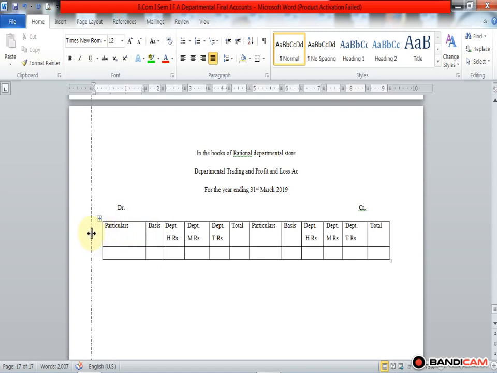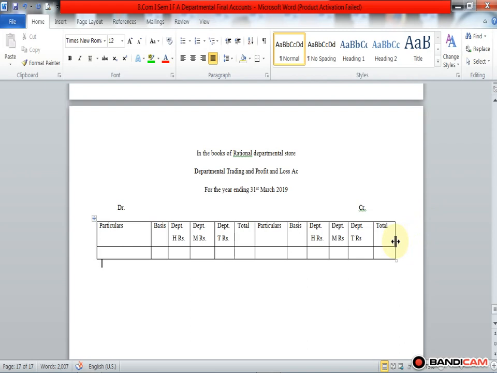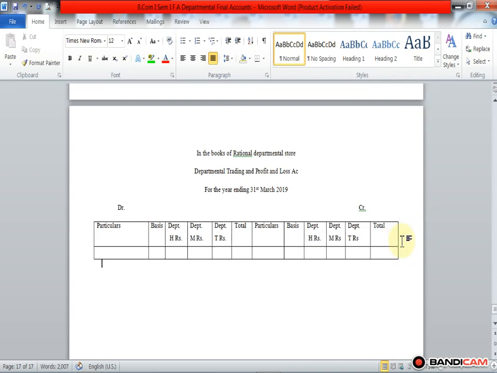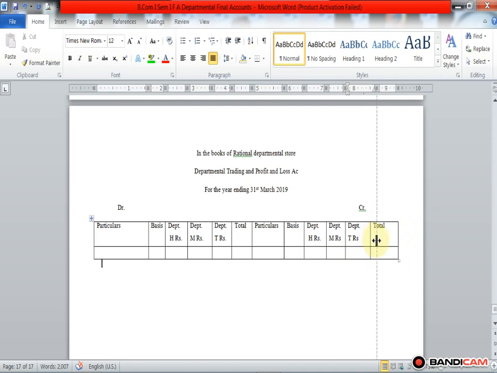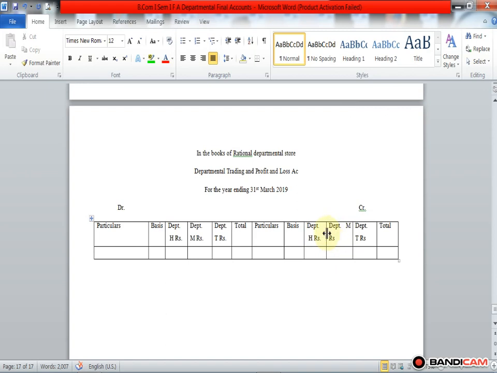So first of all, we transfer the items given in the profit and loss account. Opening stock is given in the problem, so transfer this opening stock to trading and profit and loss account. Here we transfer it to the debit side of trading account, to opening stock.